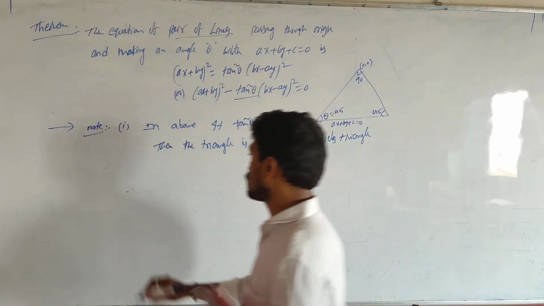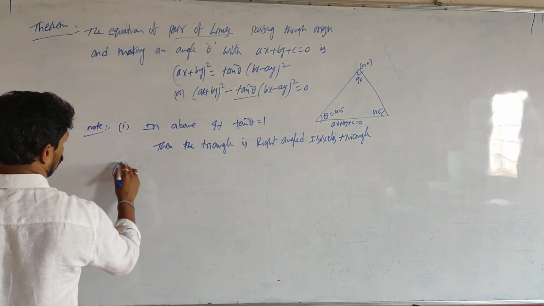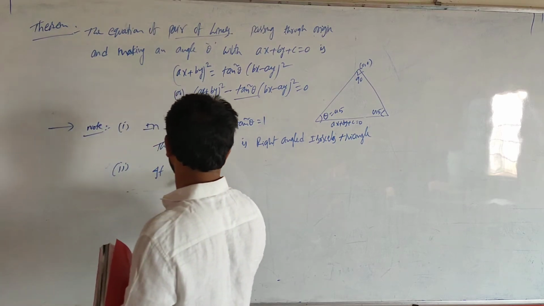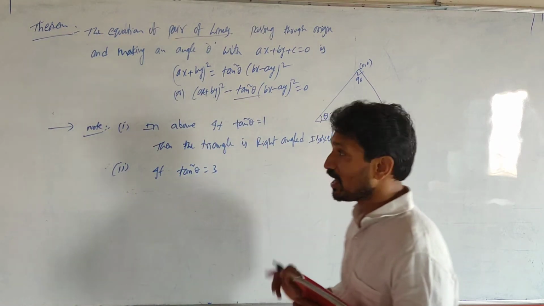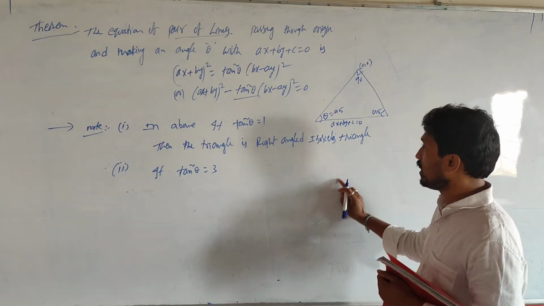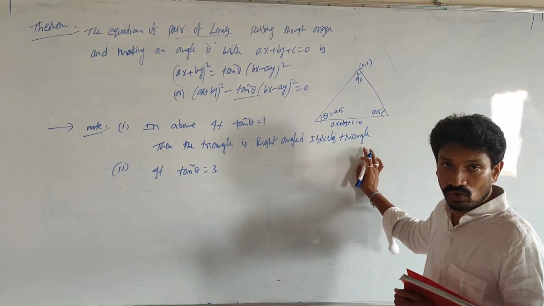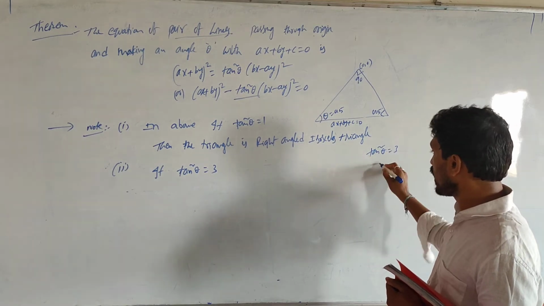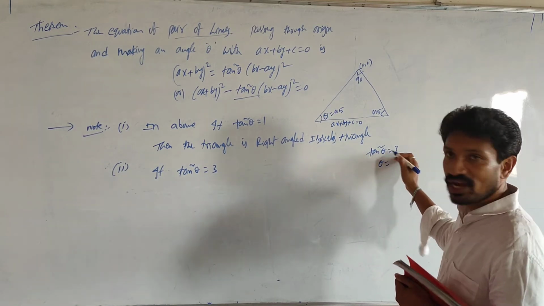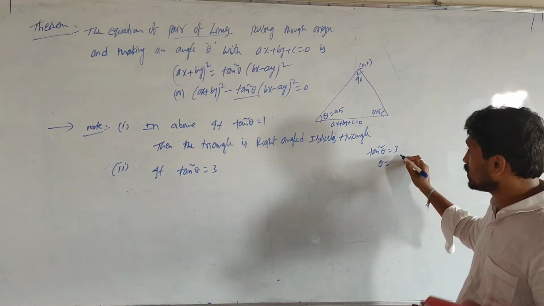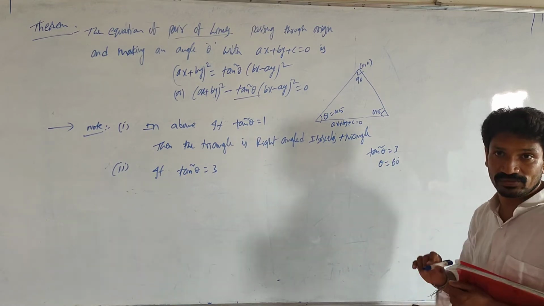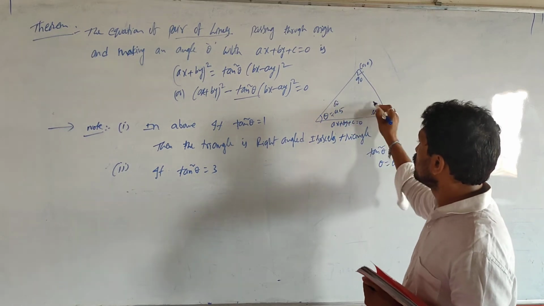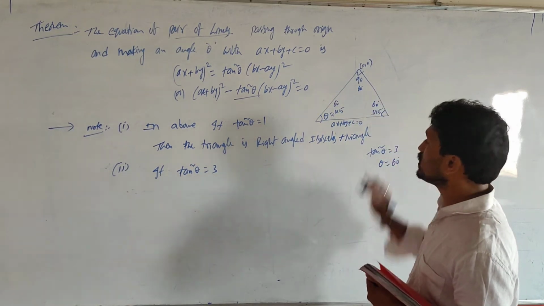Okay, next one, second one. If tan square theta is equal to 3, then tan theta is equal to how much? If you take the acute angle, tan theta is equal to root 3. So theta is equal to how much? 60 degrees. If it is 60, it is 60, then the third angle is automatically 60 degrees only.